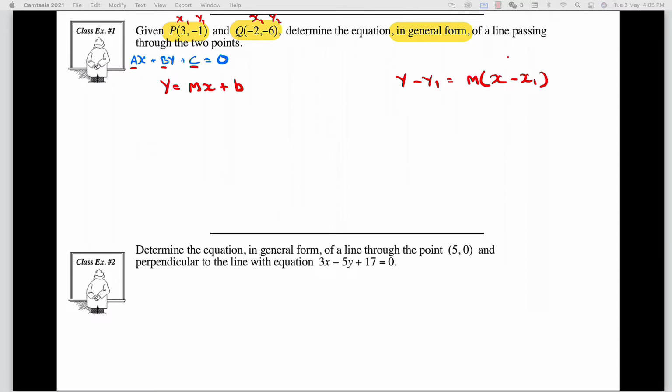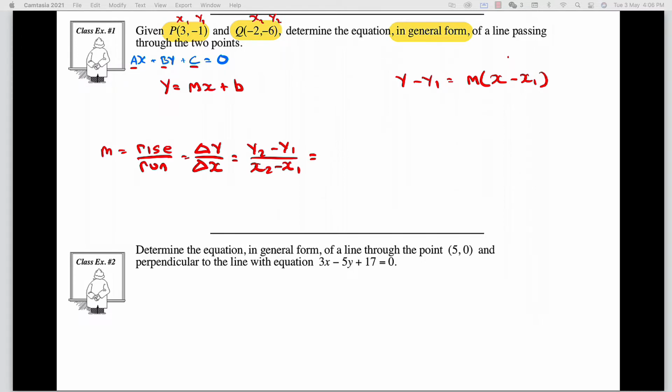And now what I can do is calculate my slope. Okay, so m, which is the slope, equals rise over run, which equals the change in y, delta y, over the change in x, delta x, which equals y2 minus y1 over x2 minus x1. So I have those points, so I can calculate the slope.